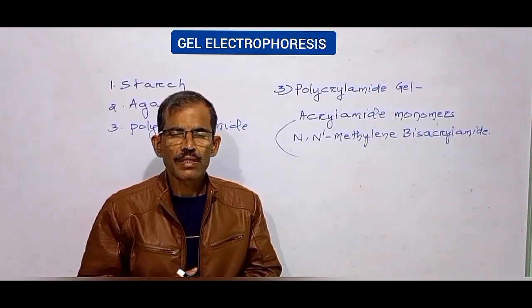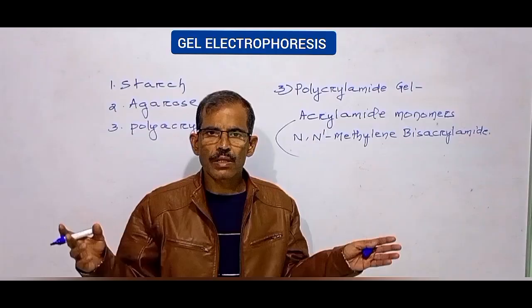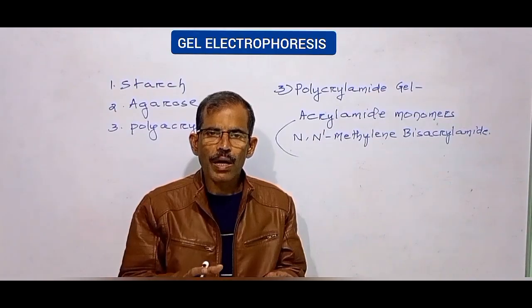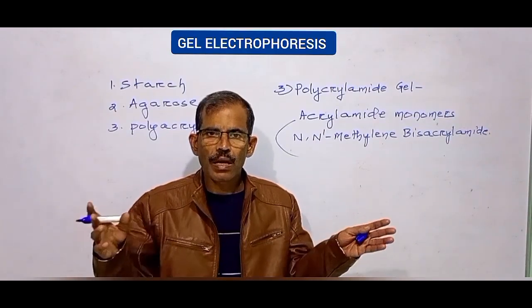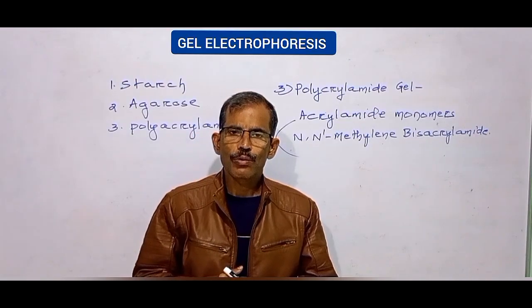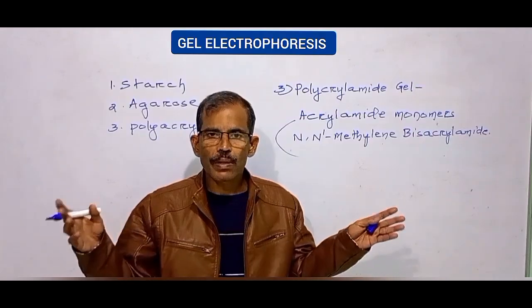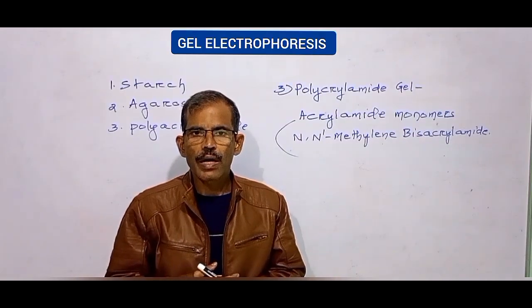The pore size in the gel can be controlled by changing the concentration of both acrylamide and bisacrylamide. Acrylamide gels are made with a content of between 3% and 30% acrylamide.